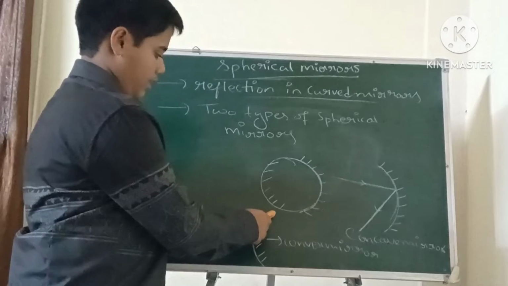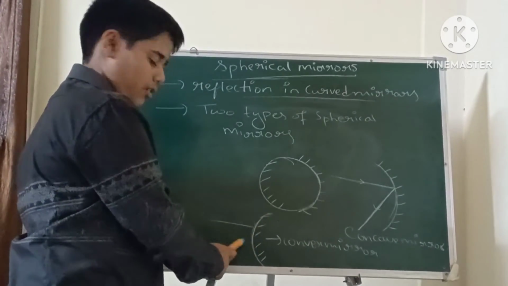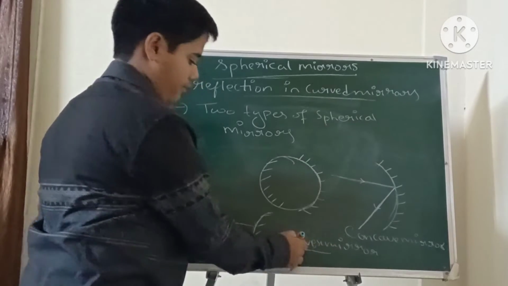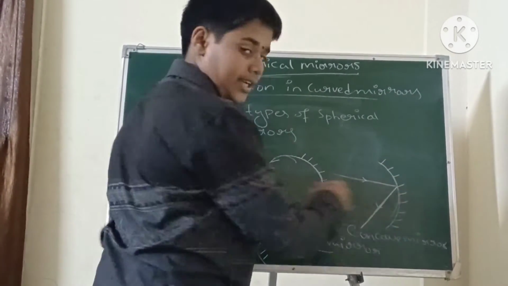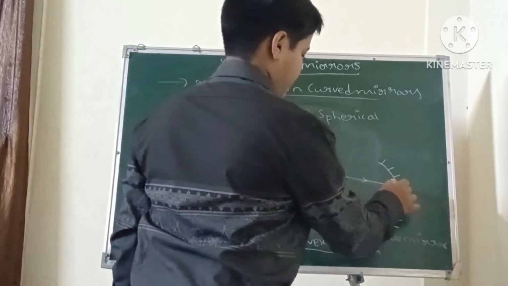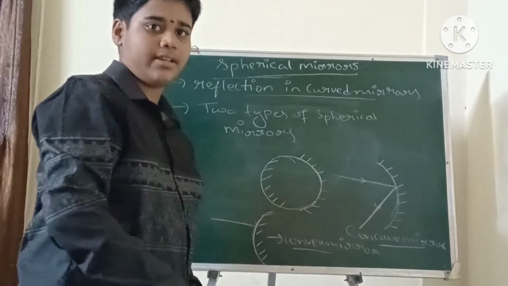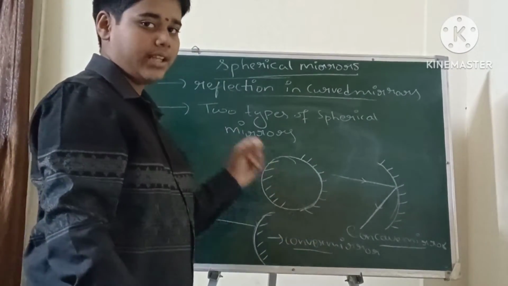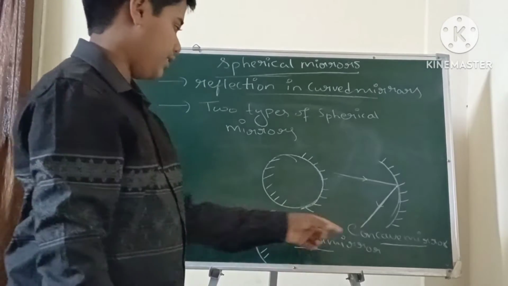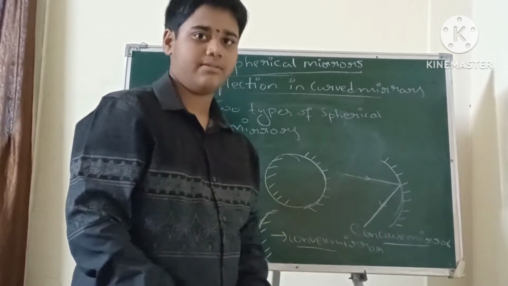Here the rough surface is inside and the striking surface is outside. That is a convex mirror. And here the rough surface is outside and the striking surface is inside. That is a concave mirror. So these are the types of spherical mirrors. There are two types: the first one concave mirror, the second one convex mirror.